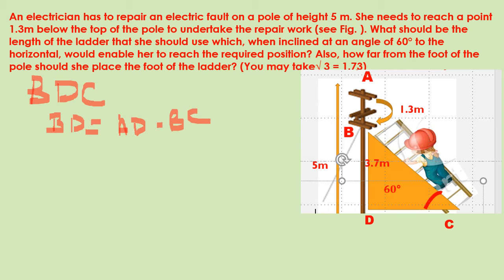That would be 5 minus 1.3, that is equal to 3.7.